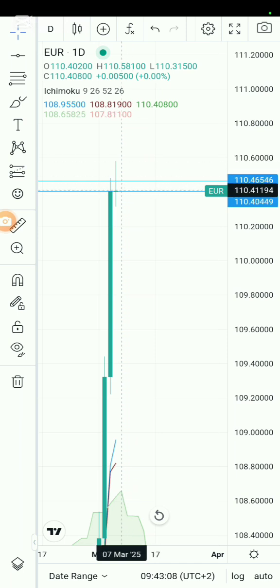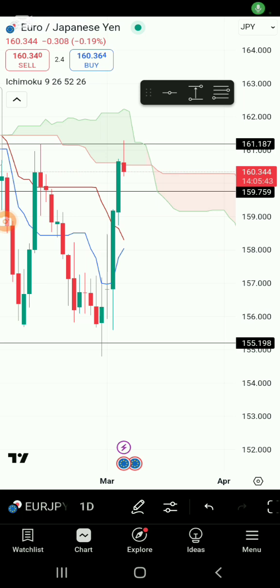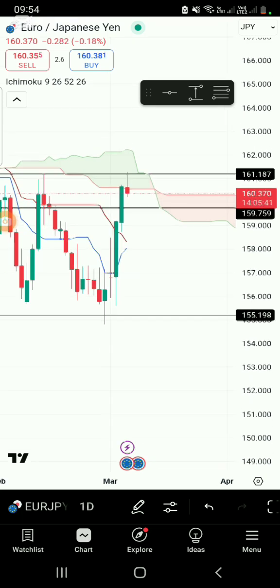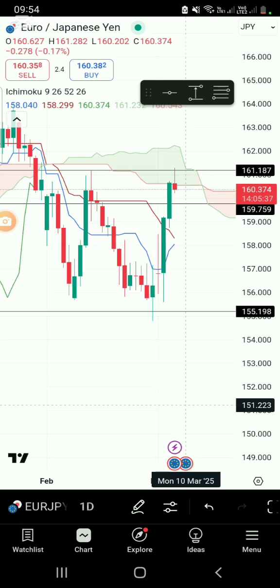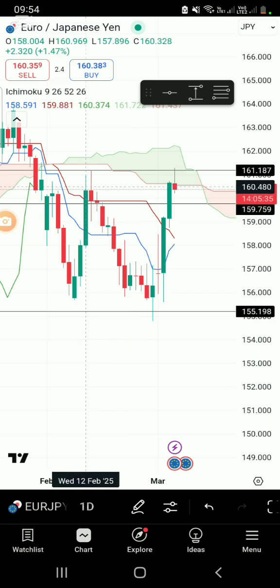All right, so now let's look at the euro Japanese yen currency pair. Okay, so now we have the euro Japanese yen currency pair. Now the first thing I want you to appreciate is this level here, the highest level here, the most recent.